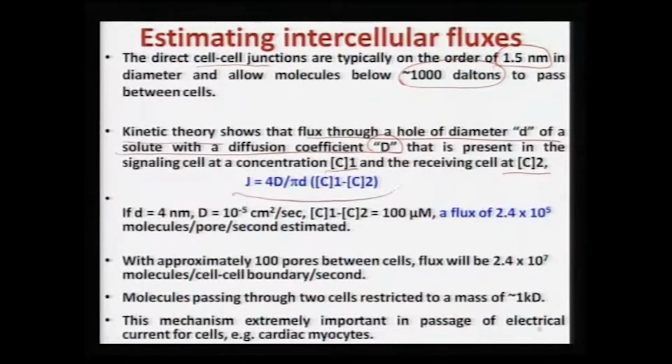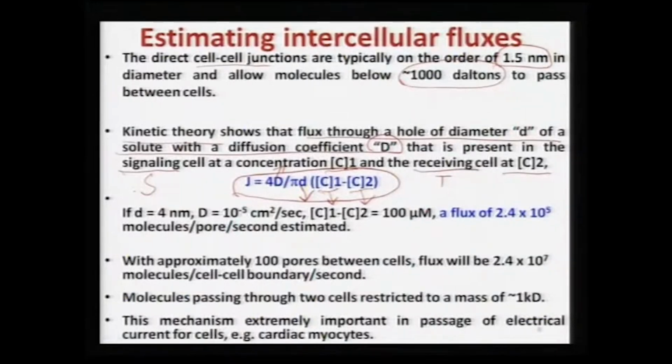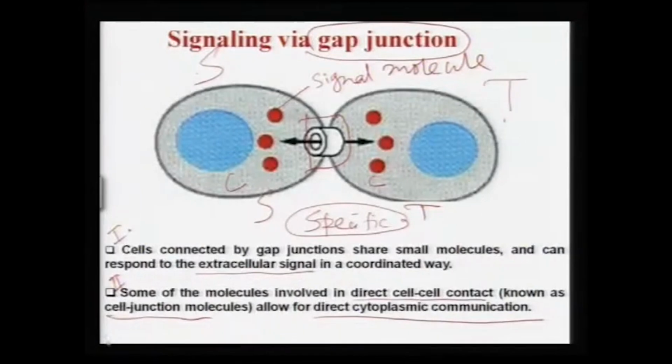The flux is J equal to 4D d (C1 minus C2), where D is the diffusion coefficient, small d is the cell to cell junction diameter, C1 is the concentration in the source cell, and C2 is the concentration in the target cell. The receiving cell is essentially the target cell, and the signaling cell is essentially the source cell. You understand what I am saying? Let me go back to this.